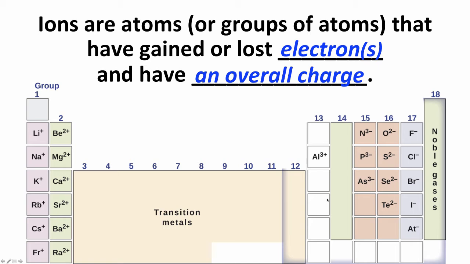The aluminum column tends to make +3 charged ions. That's a little less predictable, but it would be the most likely guess for group 13. Group 14 usually doesn't make ions at all. Carbon can make a -4 ion, but usually it does a different kind of bonding altogether.